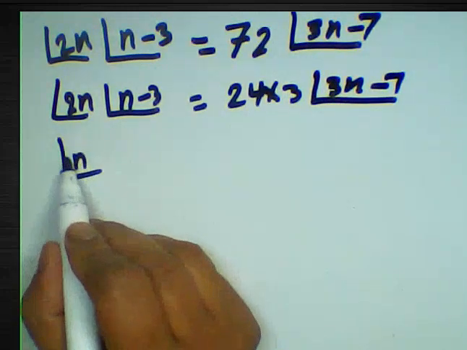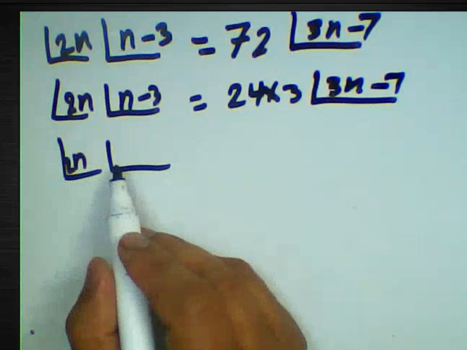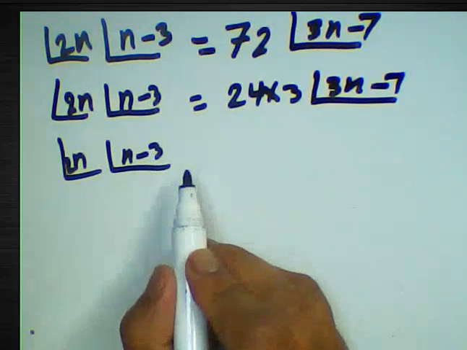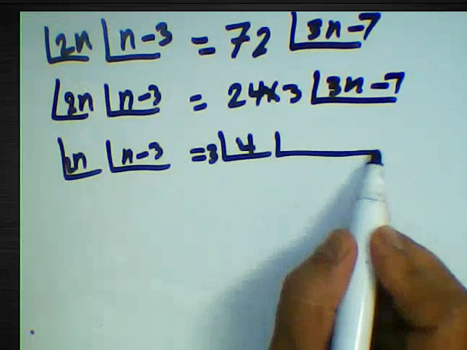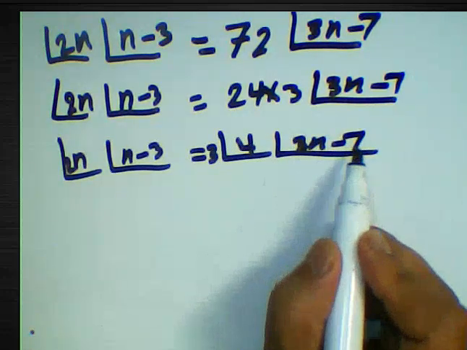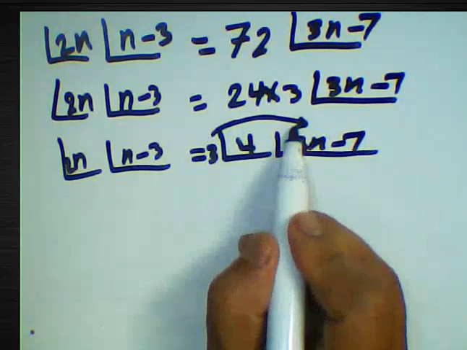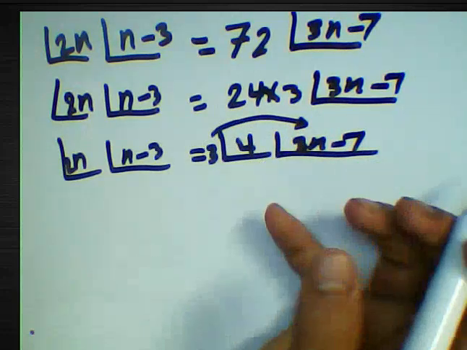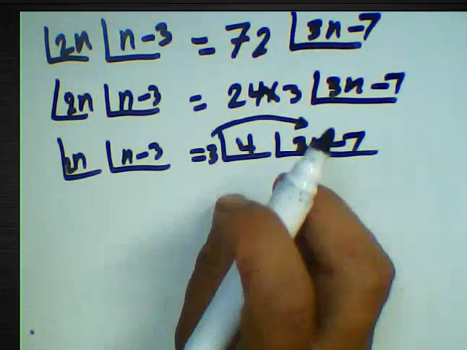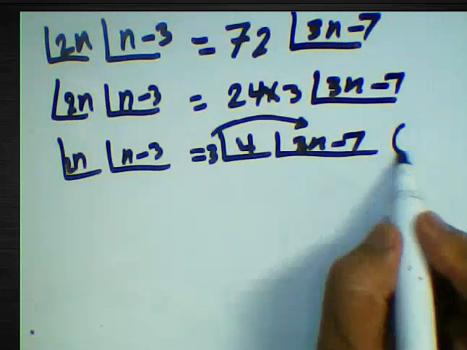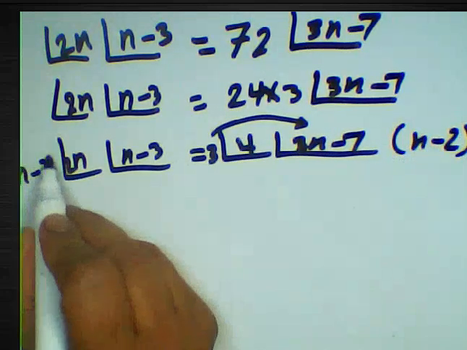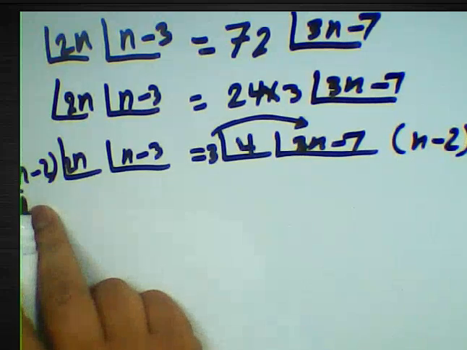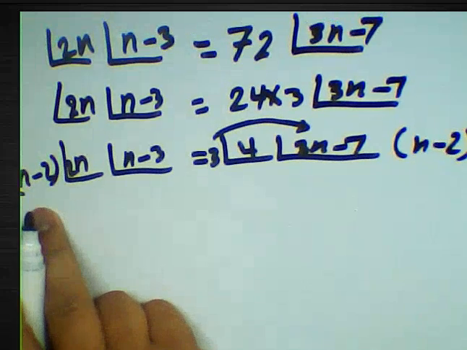(2n)! × (n−3)! equals 4! times 3, multiplied by (3n−7)!. Look at 3. We can write 3 inside the factorial, but multiplied by what? Multiplied by n minus 2, on the left-hand side and the right-hand side.